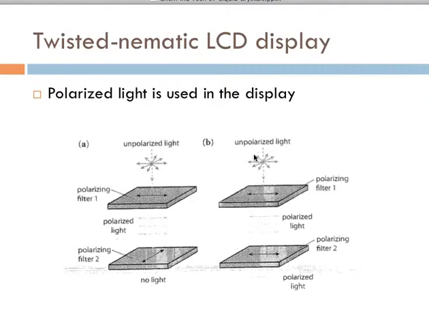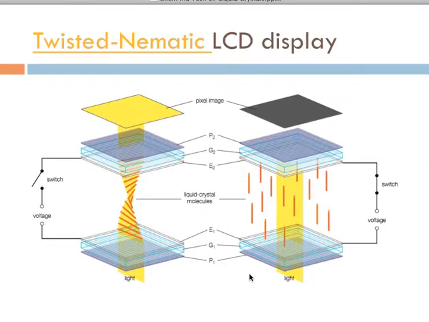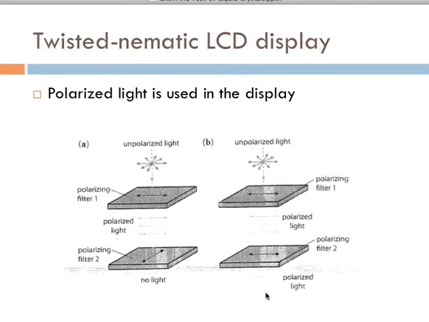In contrast, if I have unpolarized light as a source going through this polarizing filter and the second polarizing filter is lined up, then you will get polarized light through the filter. So it's this type of idea that the twisted-nematic LCD display uses in transferring light.